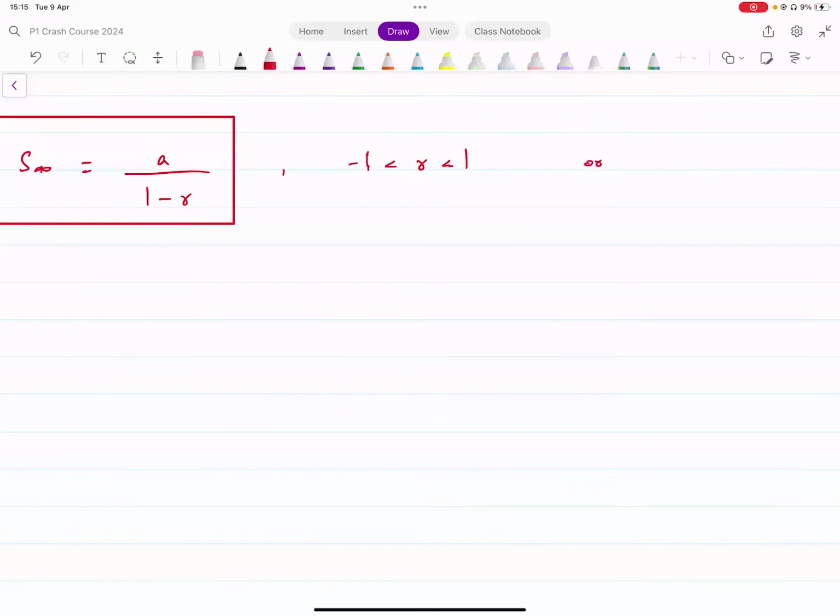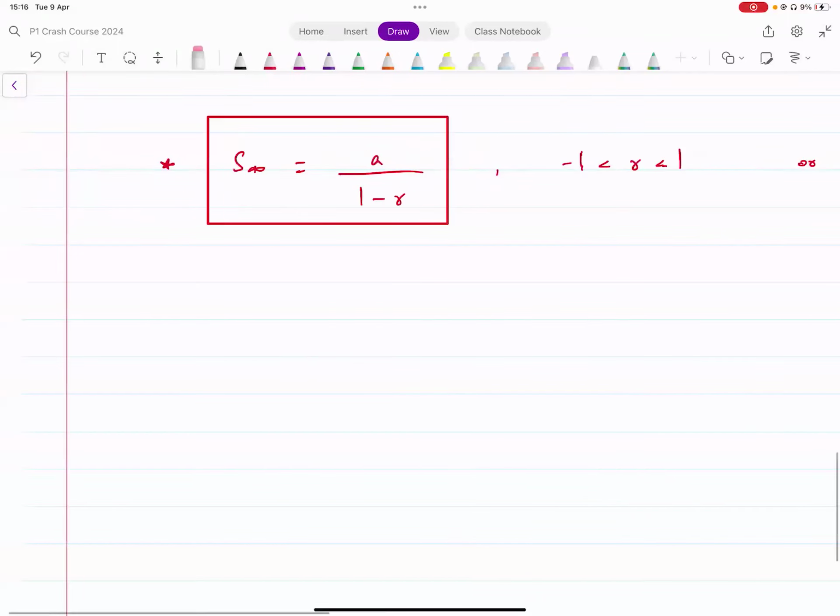This is the modulus function; you will learn more about it later in paper 3. For now, just know that this translates to r between -1 and 1. Sum to infinity only exists in this case.